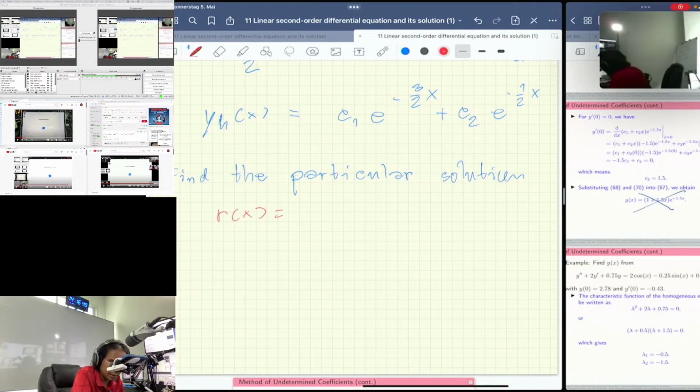2 cosine x, negative 0.25 sine x, plus 0.99x, right?